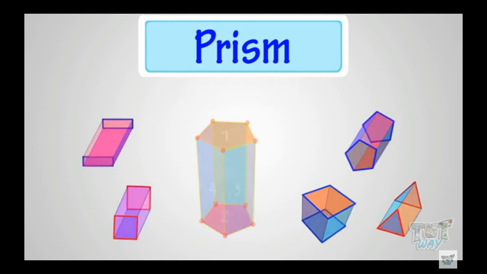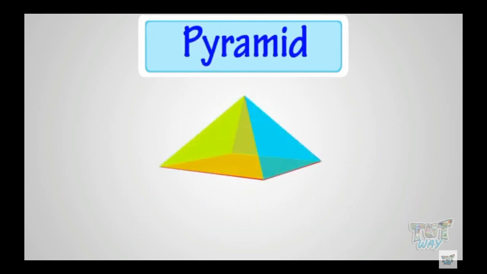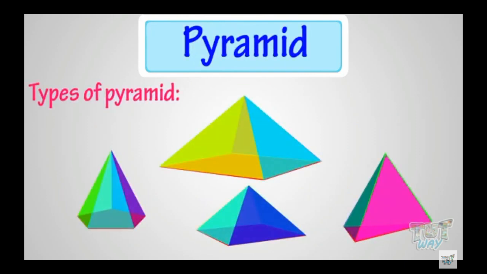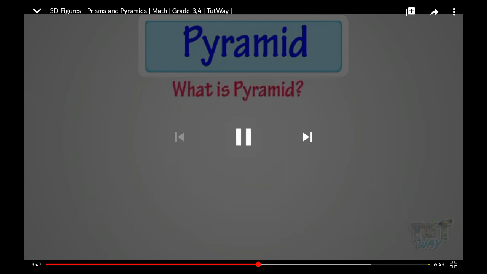Now, we will be learning another 3D shape, the pyramid, and its types. Please focus for the difference. What are the differences between the pyramids and the prisms? Let's see what a pyramid is.